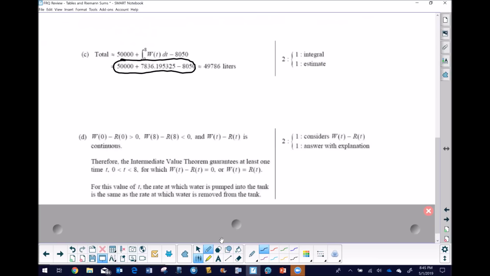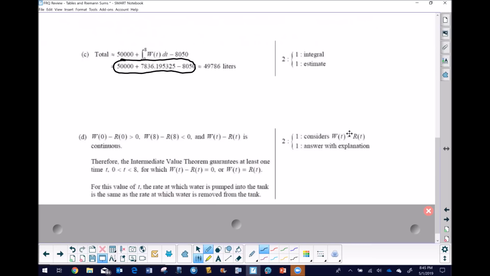And it seems like we look very, very close together with my particular approach to this. Other approaches might talk more about the difference between W and R, and that's perfectly fine. The only thing that I did differently is I kind of added the R of 0 and the R of 8 over. As long as you consider some kind of comparison between W and R, you'd be in really good shape for this particular problem.